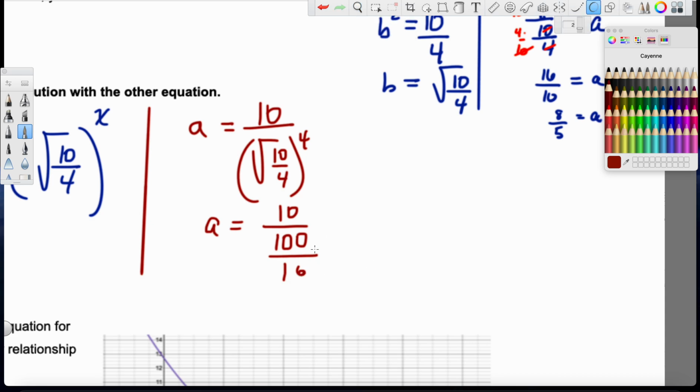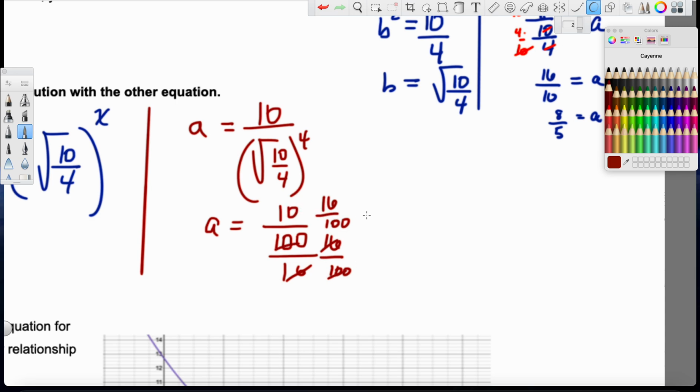Goodness, can't get it to work. Okay. So let's see, did I do that right? Yes, so 16 over 100 times 16 over 100. So the 16s cancel, 100 cancels.